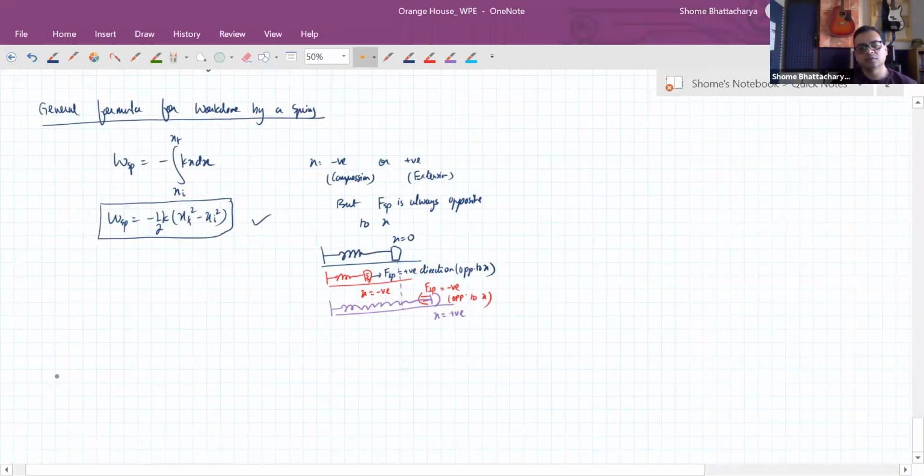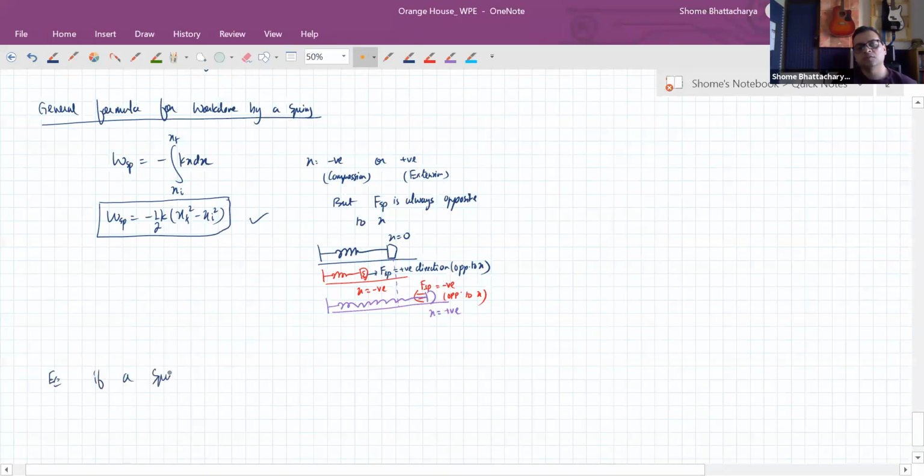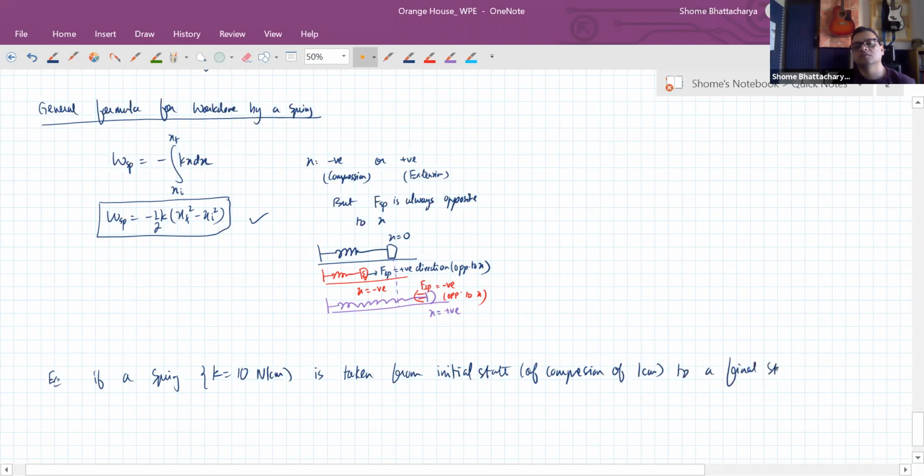For example, if a spring of spring constant, let's say 10 Newton per centimeter, is taken from an initial state of compression of 1 centimeter to a final state of extension by 2 centimeters, calculate the net work done by the spring force.